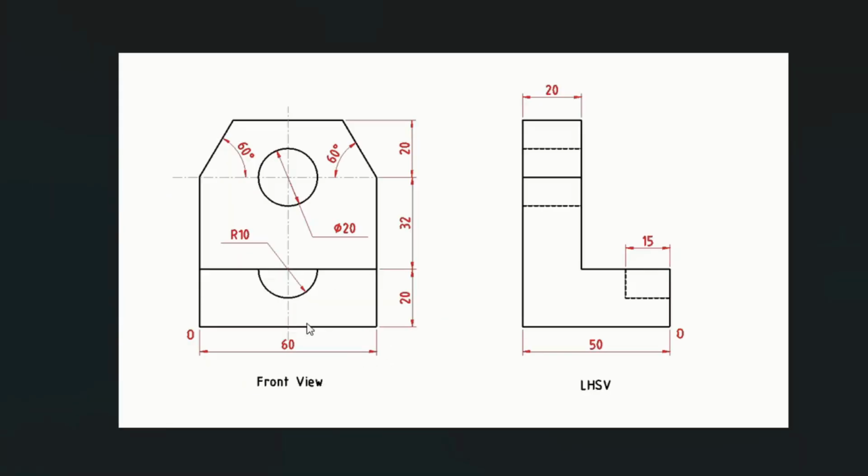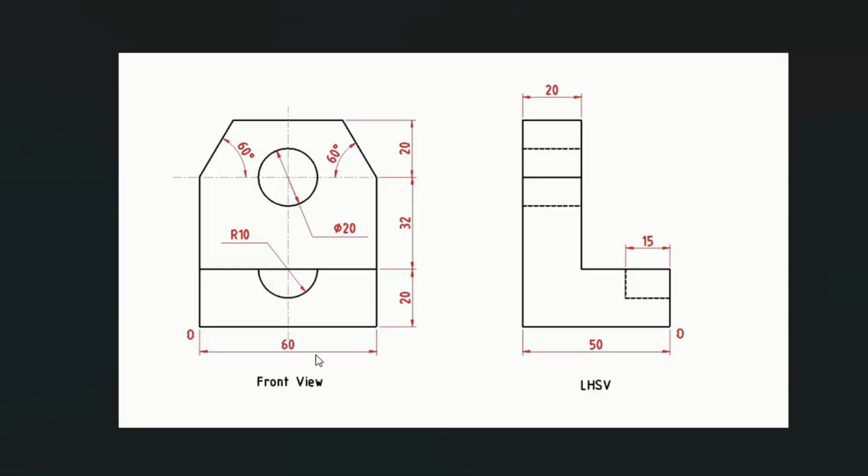We have already located the center along the y-axis, because the overall geometry, including the base plate, is symmetrical along the y-axis. So this is the center line. Now we start drawing from the origin.